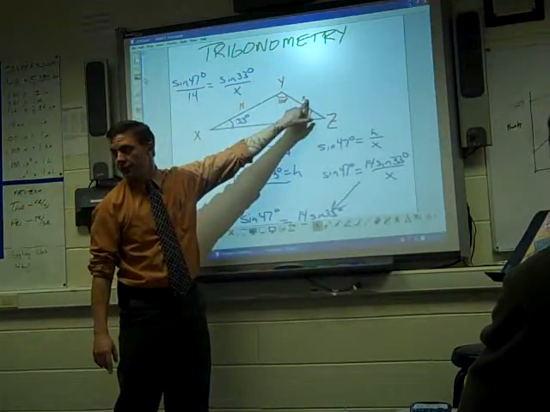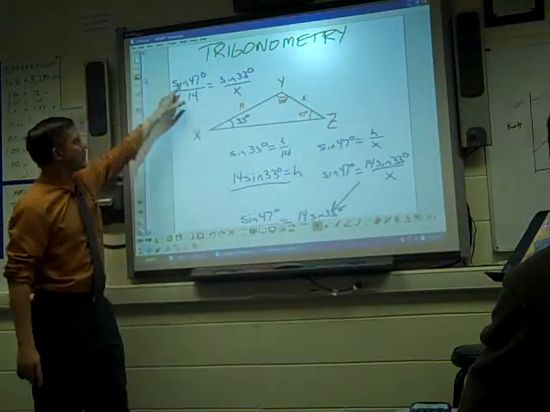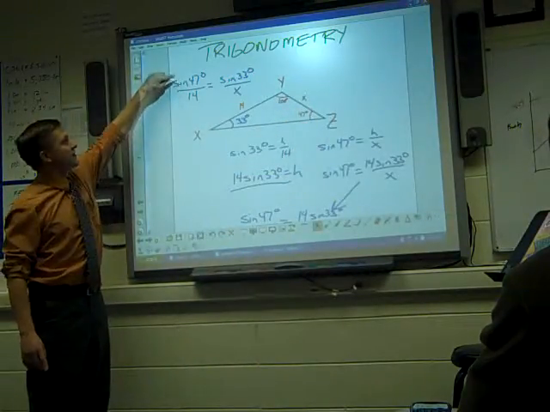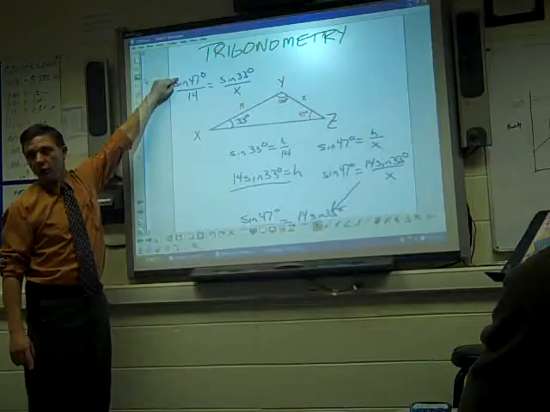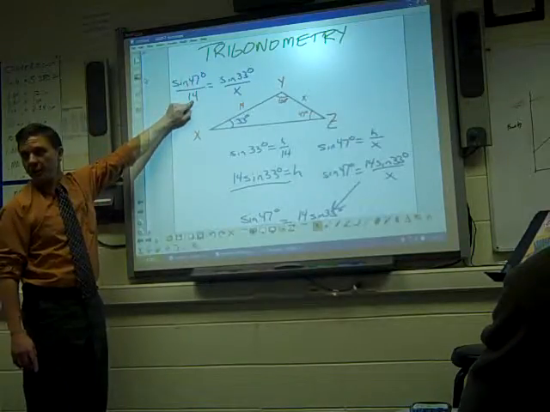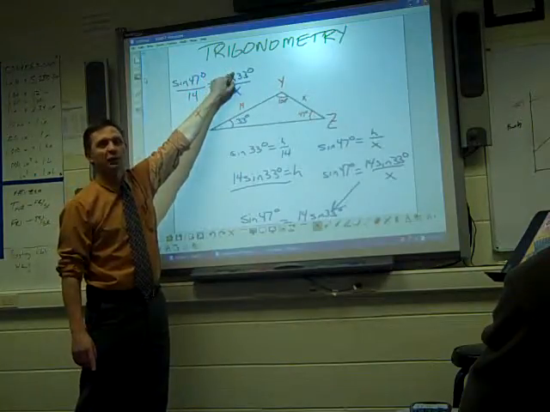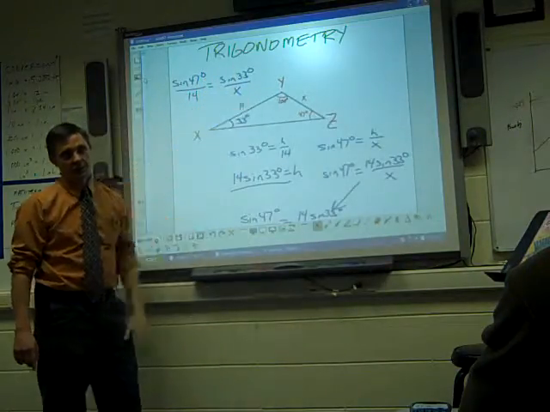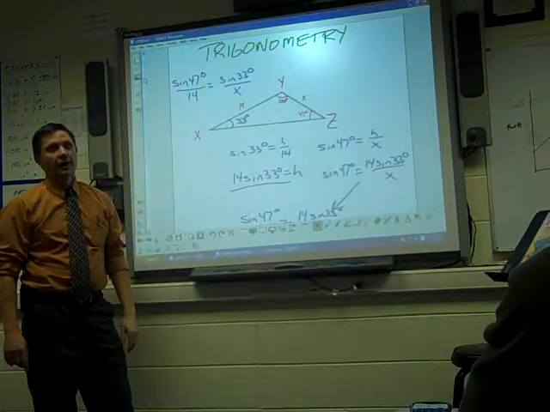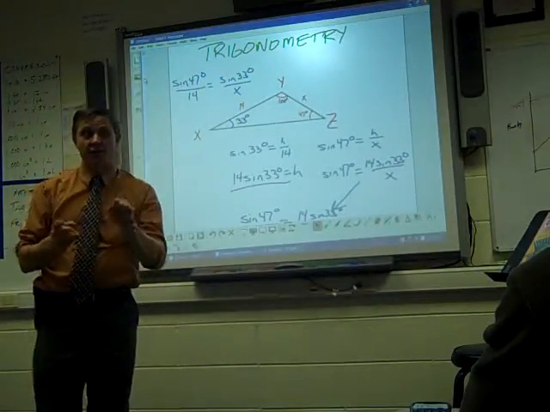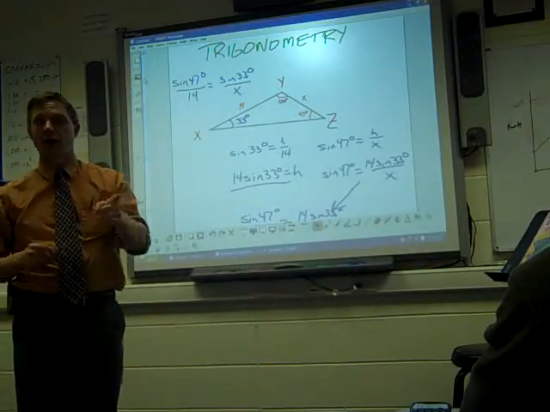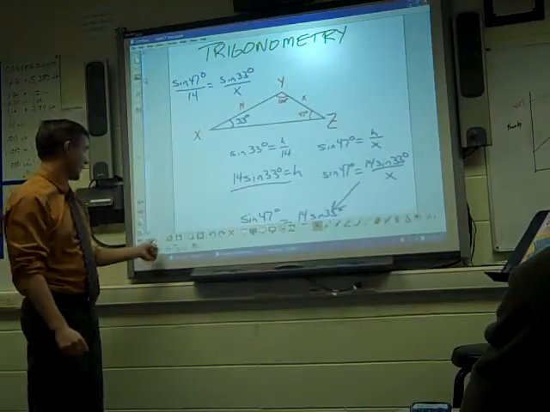X is across from it. Every time we have a triangle, we can set the sine of the angle over the opposite leg and know that it's equal to the sine of any other angle and its opposite leg. It's only with sine. This is called the law of sines. All right? We have just proven the law of sines.